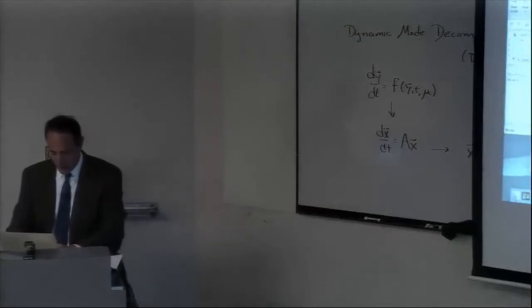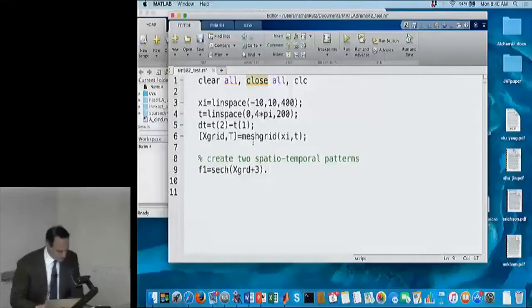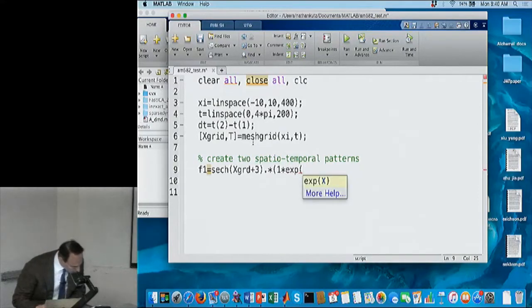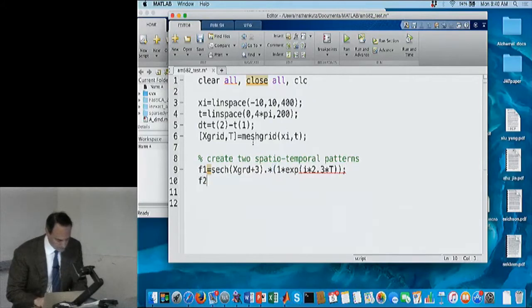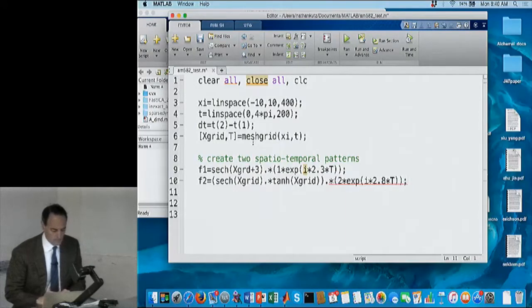So here we go. Let's make signal 1, F1. We'll show what these are. Okay, two signals.